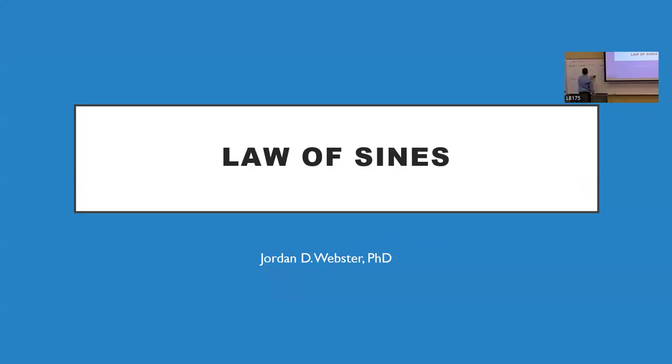All right. Well, now we're going to move in to the last trig chapter, which is solving triangles. Okay. We're going to have two tools to solve triangles. The first of which is called the law of sines.